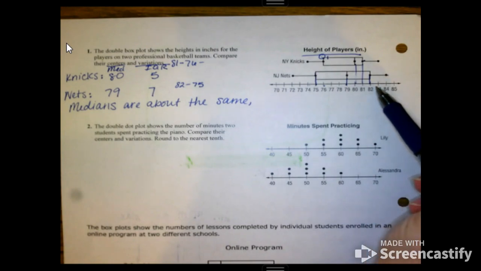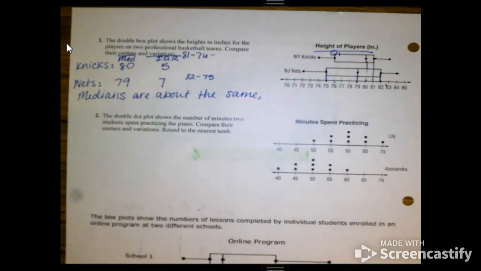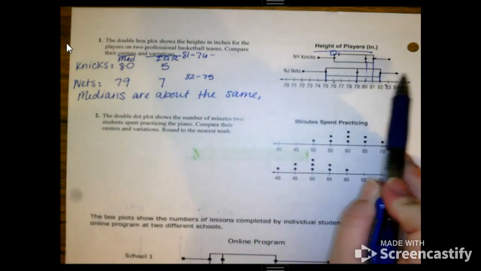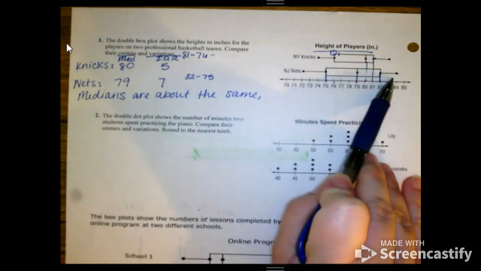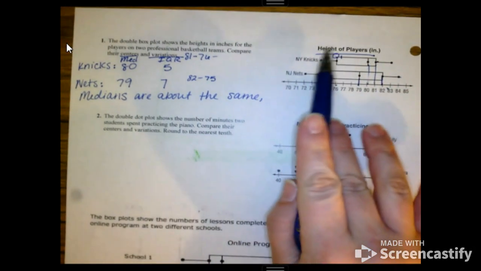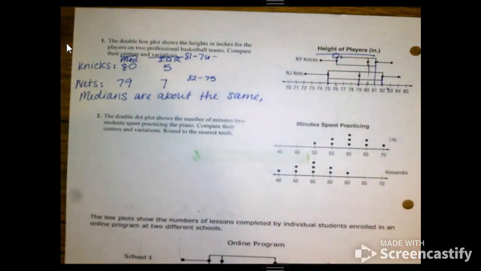Their shortest is 2 inches taller, and their highest is 1 inch. That's true, but let's give a little bit more of a general statement, not so specific. Could you say something like the Nets have a greater variation of heights? Yeah, I went all the way from 72 to 84. I have a very large variation of heights in my players here. Whereas this one is not as far in between, so my heights are not going to be as spread out.